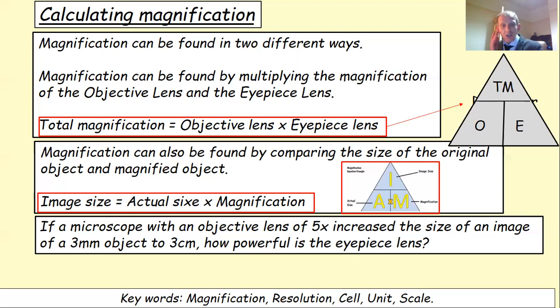Now, we've got a question at the bottom of this slide, and it says that if a microscope has an objective lens of 5 times and it increased the size of an image of a 3mm object to 3 centimeters, how powerful is the eyepiece lens? What I'd like you to do, guys, is to pause your video, have a go at this question, and then we'll go through the answers after you've had a go.